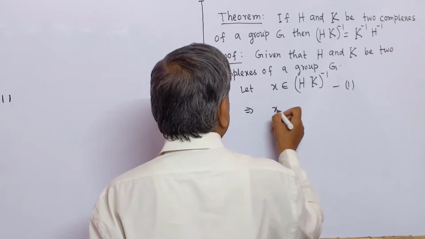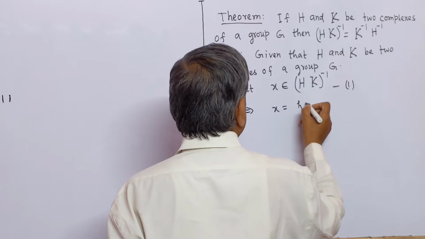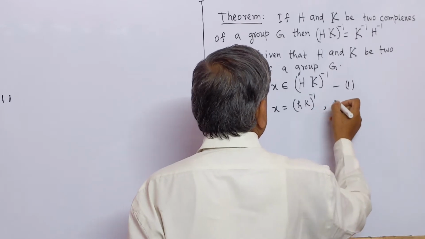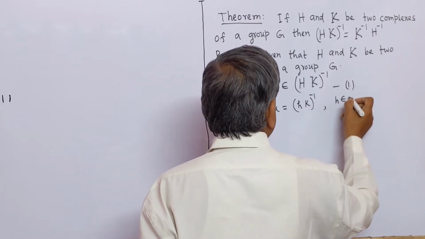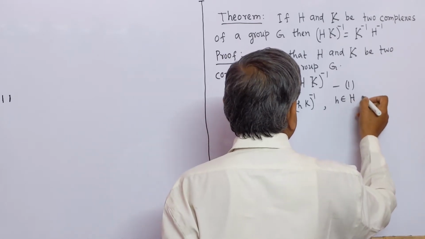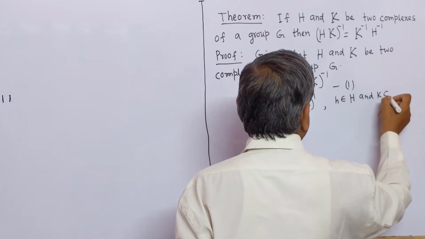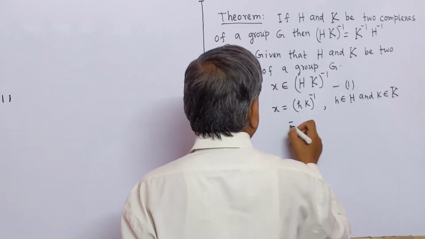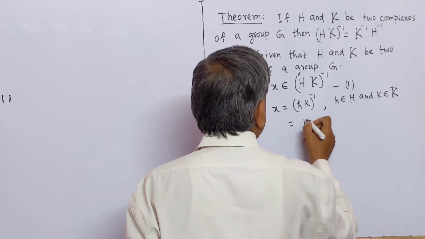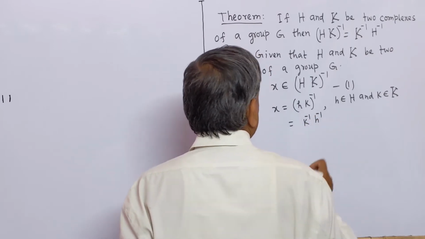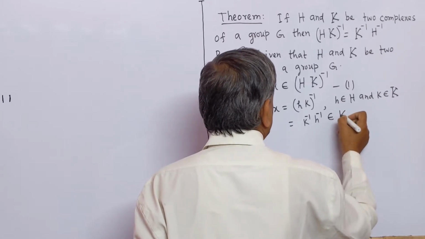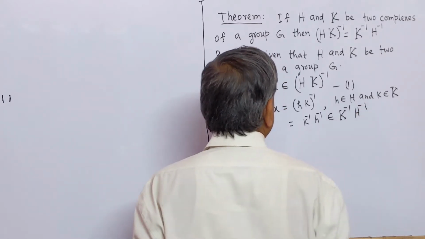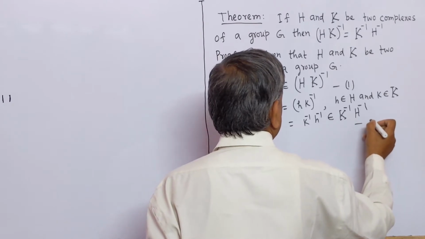This implies that X equal to (small h small k) whole inverse, small h belongs to capital H and small k belongs to complex K, equal to k inverse h inverse, this belongs to capital K inverse capital H inverse. This is number 2.